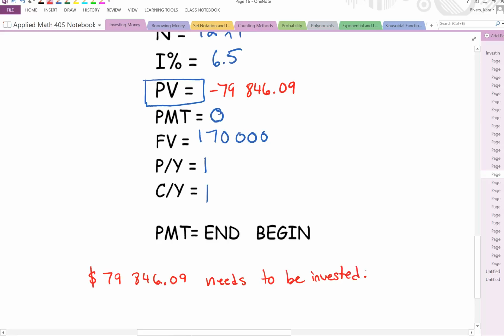That way you can separate what's coming out of your calculator from what you're stating as a final answer for the question that you're working on.